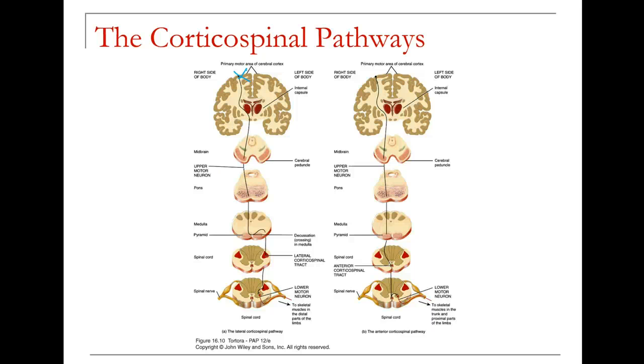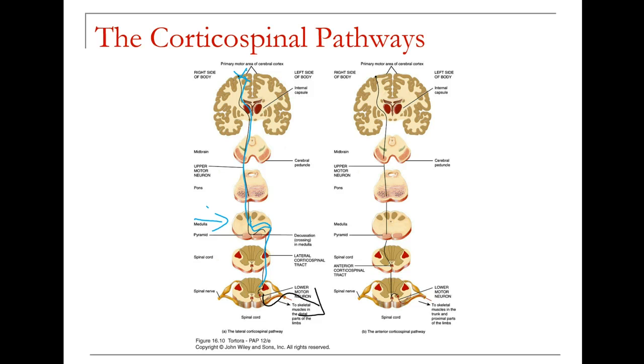At some point it will also decussate. It crosses over, so you can see I'm showing you it crossing over to the other side, and then goes all the way down, and then finally at the very end it will synapse. So it will synapse with a lower motor neuron, and this lower motor neuron is what's going to come out of the spinal cord.